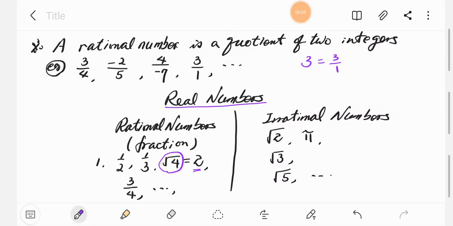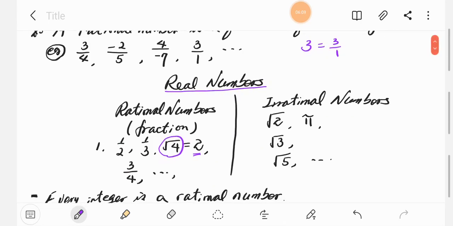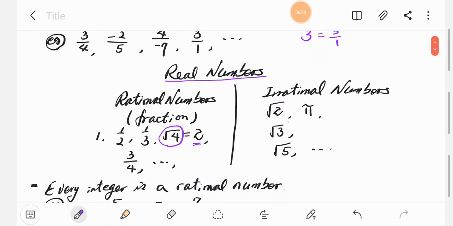Rational numbers are fractions, which can be terminating decimals or repeating decimals. And the irrational numbers are what? These are the decimal numbers that are non-terminating and non-repeating.